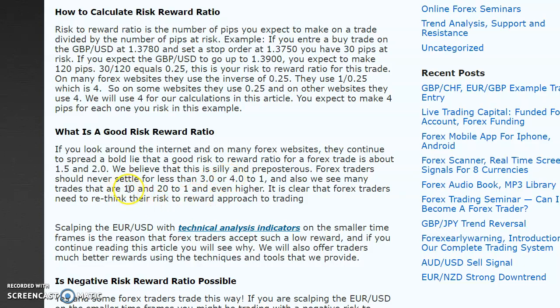And I'm going to show you different ways to get 10 to 20-to-1 in this article. So I think Forex traders need to completely change their expectations. If you see any articles telling you to try to make 2 pips for each one you risk, forget that article, move on, and look at what we have here. We're going to show you some great ways to do this.